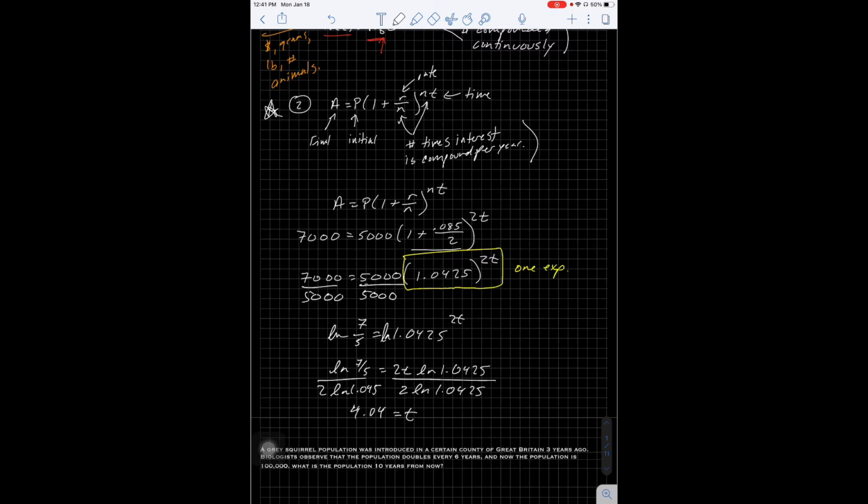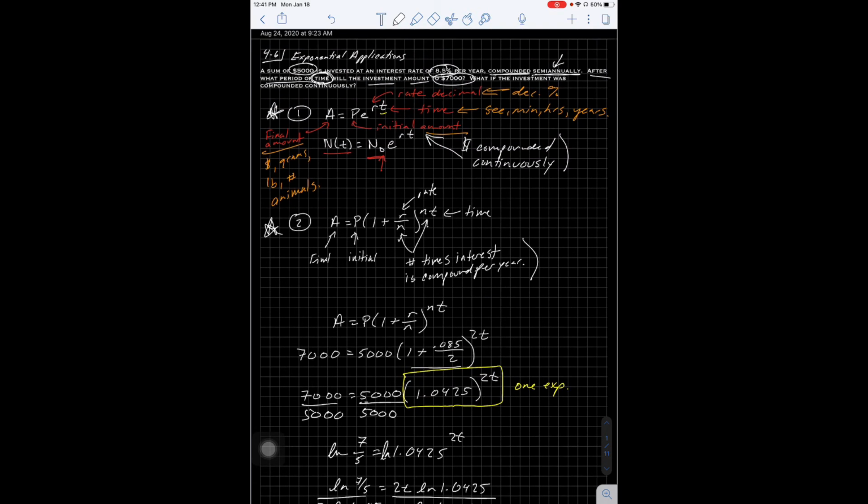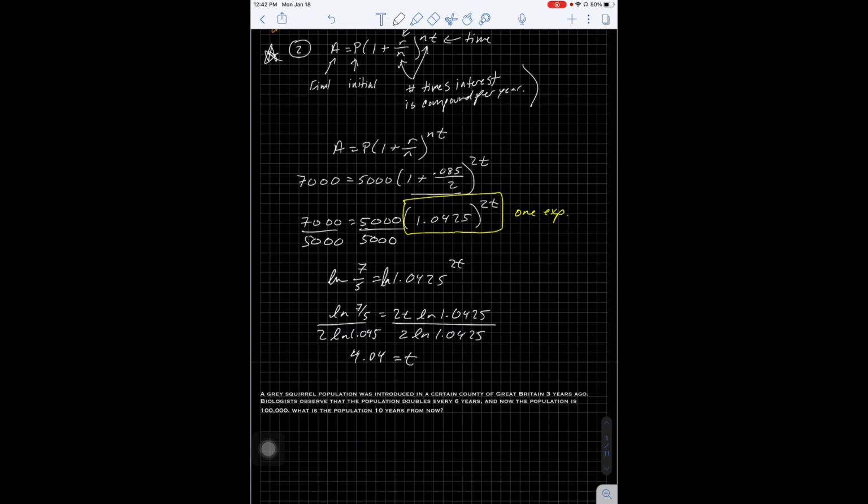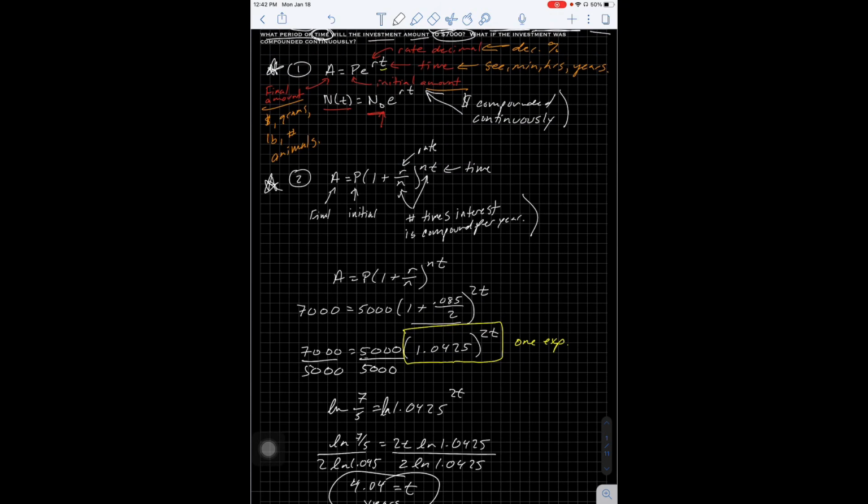And I go back up to the problem and figure out what my label is. We are measuring in years, okay, per year question. So 4.04 years is going to be our time. Okay, so that's how you do that.